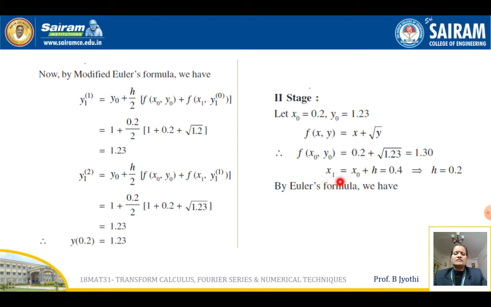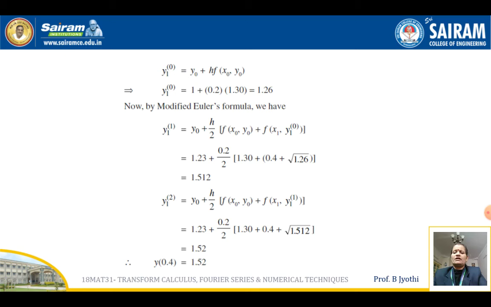Now x1 is equal to x naught plus h, that is 0.4, which implies h is equal to 0.2. Now by using the Euler's formula, we have y1 of 0 is y naught plus h into f of x naught y naught.